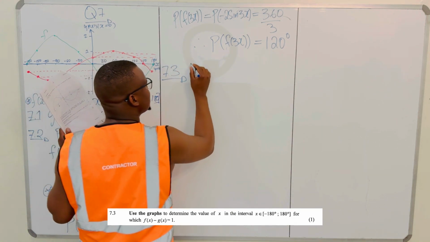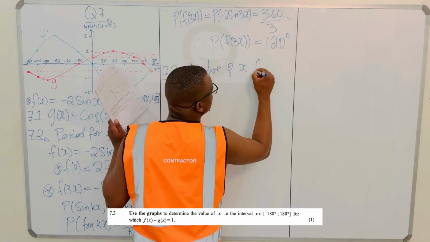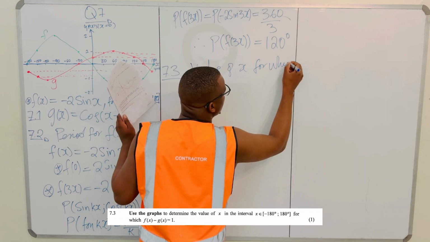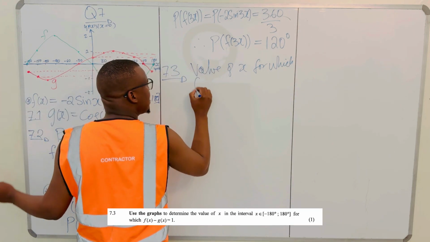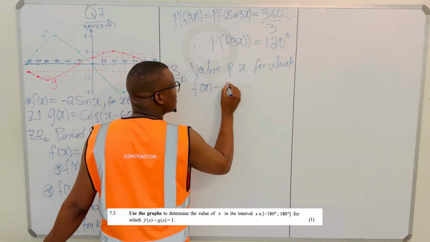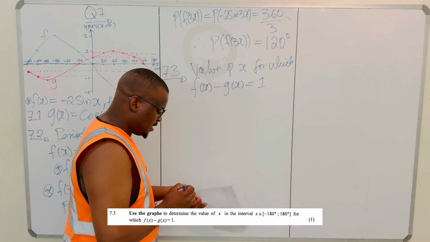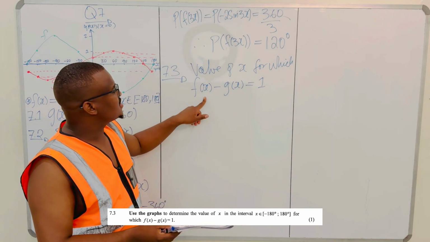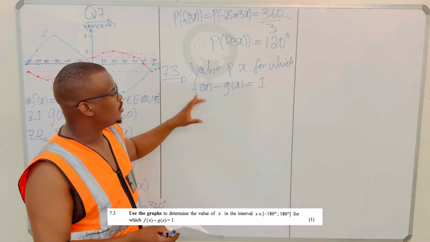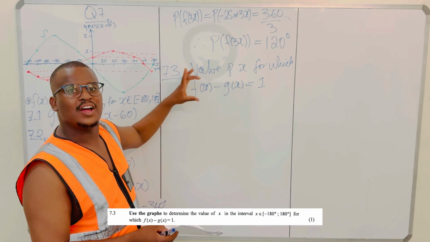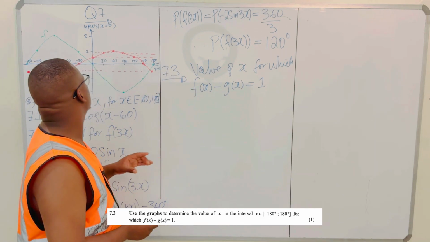They want the value of x for which the difference between your functions, f of x minus g of x, is equal to 1. So they want the value of x for which the height between the functions, or the distance between the functions, is equal to 1.